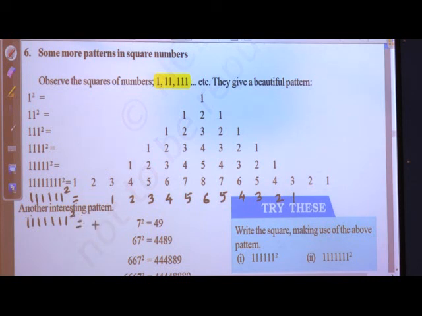I am writing below this pattern so that we can understand very quickly. 1, 2, 3, 4, 5, 6, 7. 7 times 1 is present, so we have taken the natural numbers till 7. After that 6, 5, 4, 3, 2, 1. I hope the concept is clear.